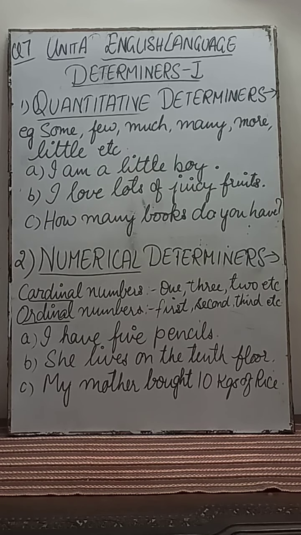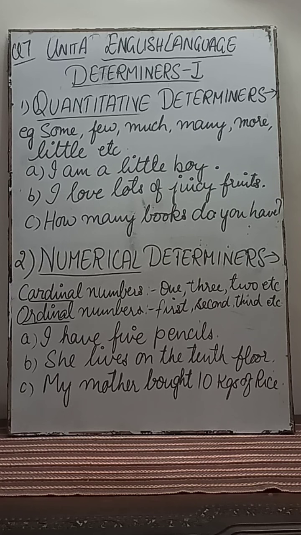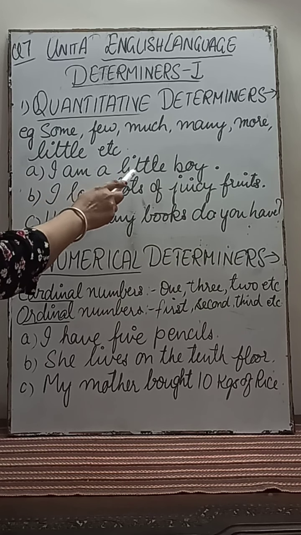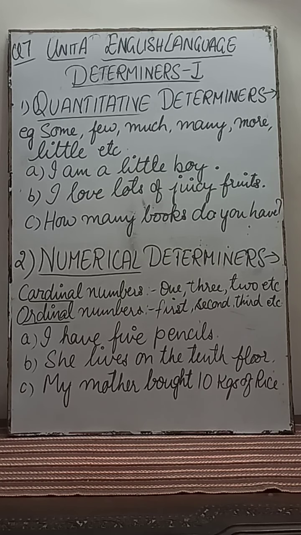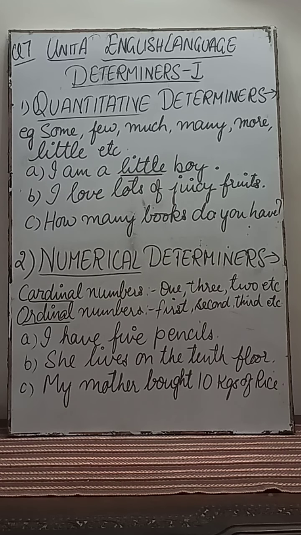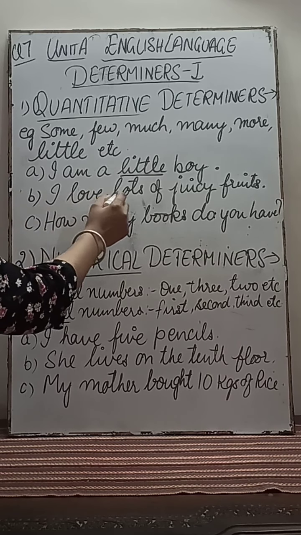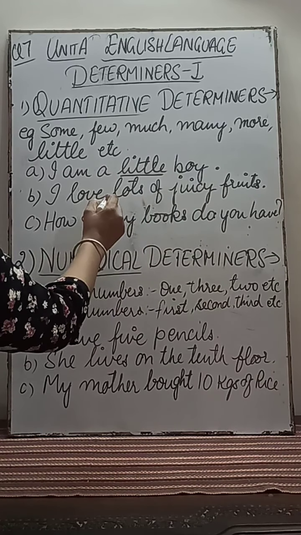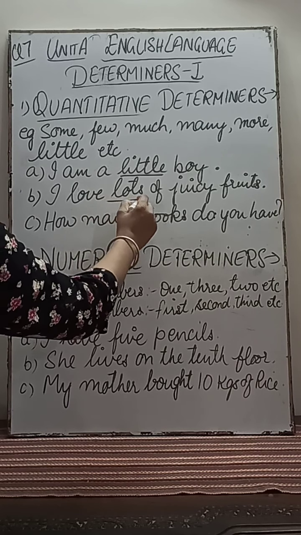Now we will understand quantitative determiners with the help of some examples. Say, I am a little boy. So where is the quantitative determiner here? Little. Right? Then second example, I love lots of juicy fruits. So here the quantitative determiner is lots.